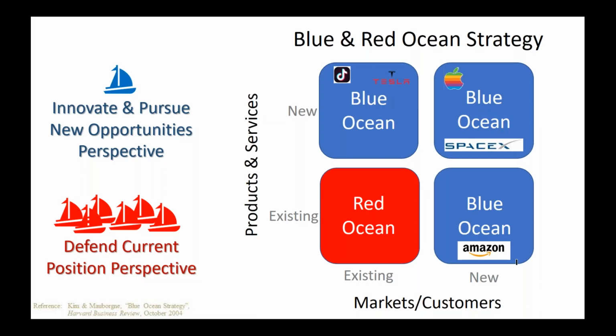And then, very recently in the news, you've got SpaceX, where they've delivered a whole new system for the United States and NASA to get up and down to the International Space Station. They created the rocket and the capsule and everything, and now they're also moving into new markets and customers. So that's a really good example.